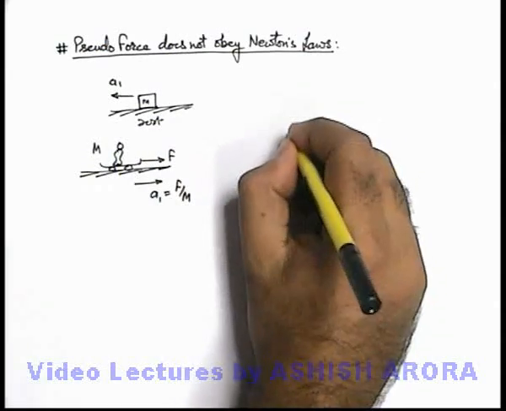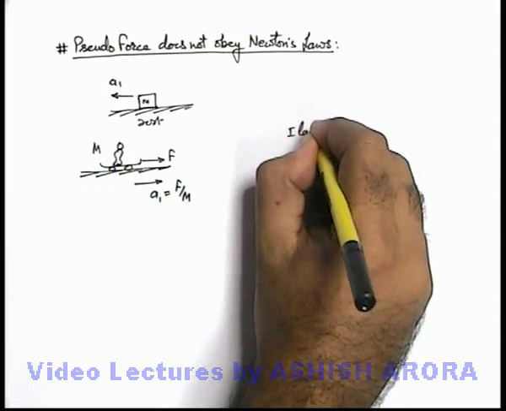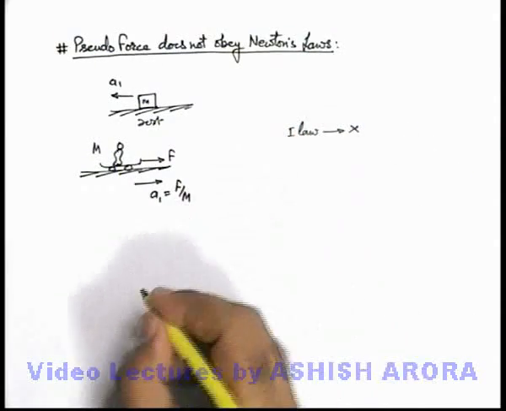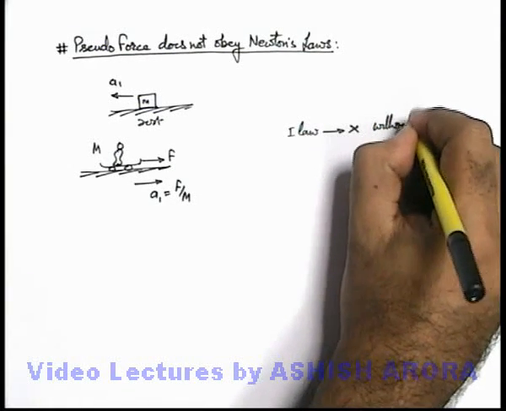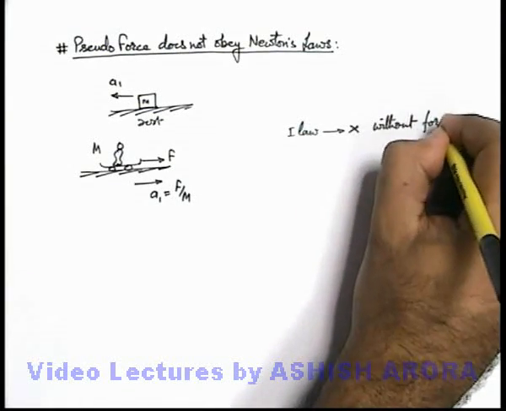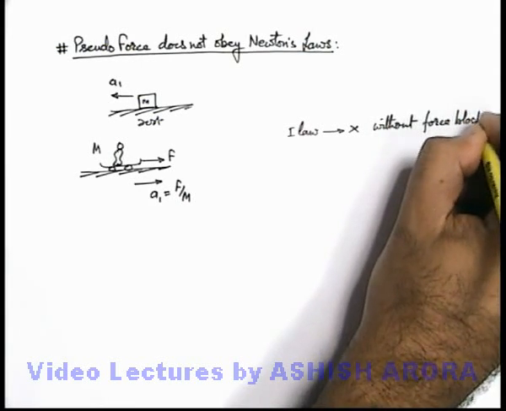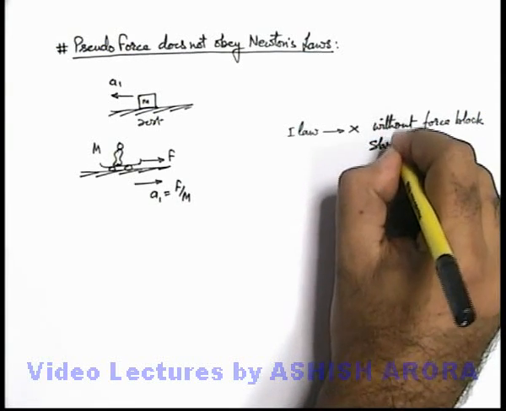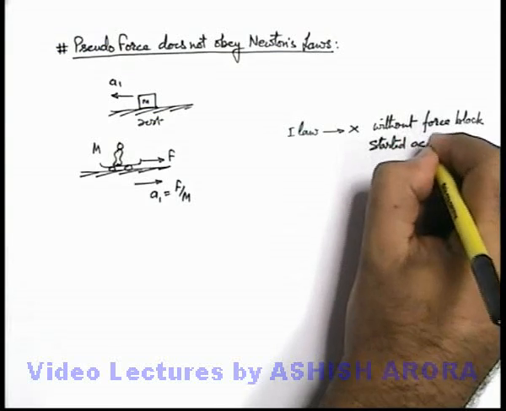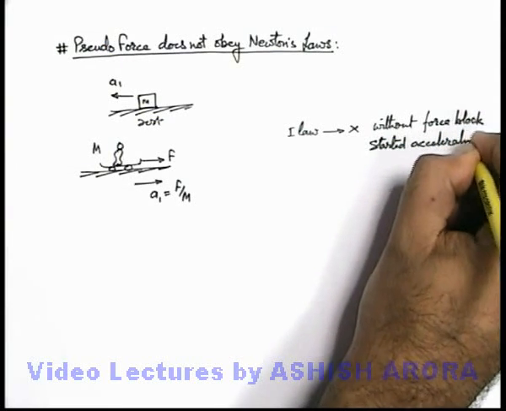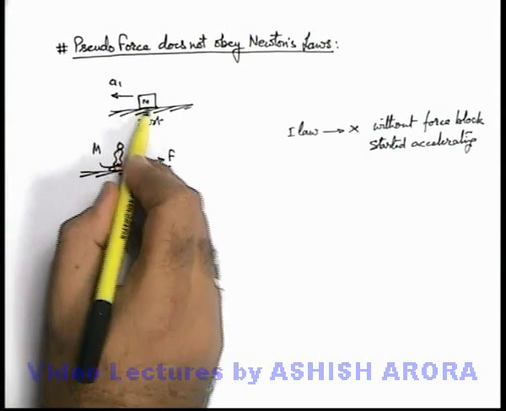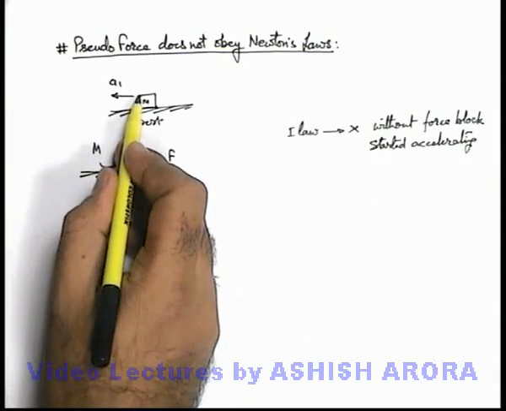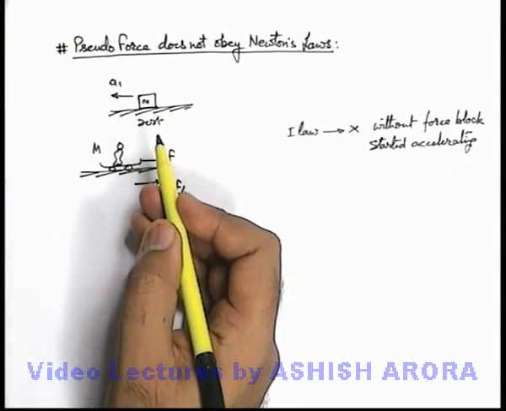So we can simply state the first law of inertia is not valid, because without force, the block started accelerating. As seen by this observer, he'll feel that without any force, from rest, at once it started accelerating with an acceleration a1.